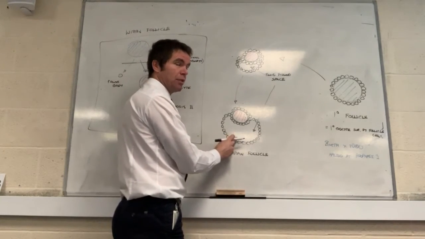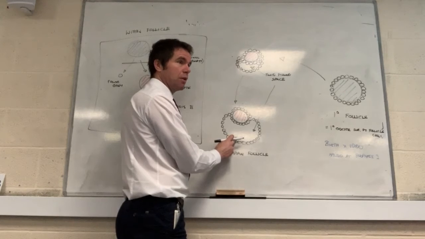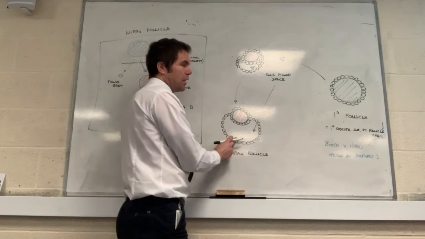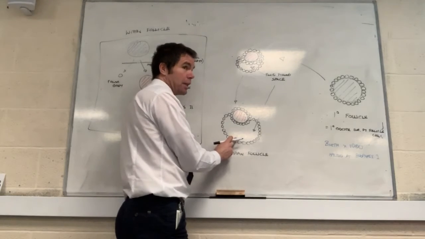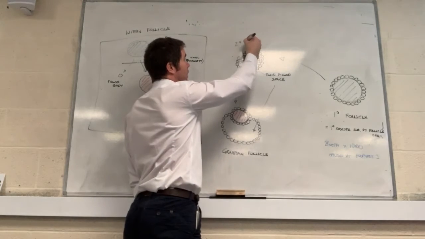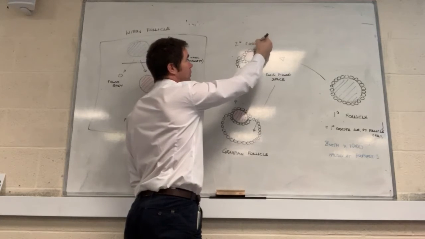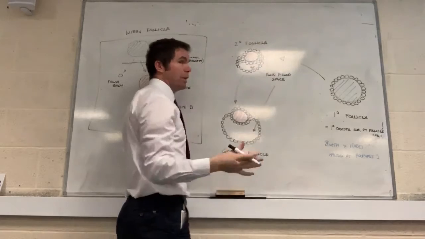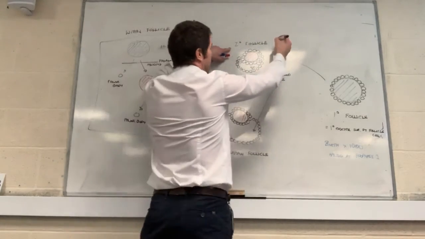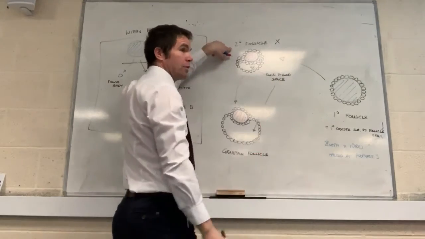It's very distinctive. You may well be asked to identify a Graafian follicle. They would not ask you to identify, I don't think, a primary follicle even. We could argue that this is a secondary follicle, and I have seen secondary follicles referred to, though not in an exam. I would say virtually zero chance of you being asked that.